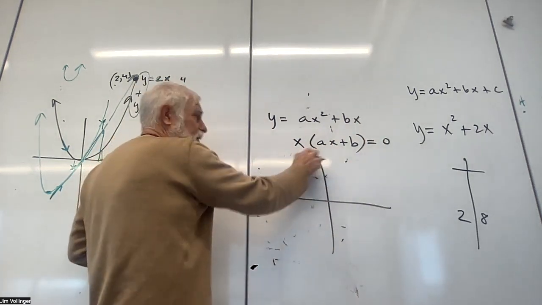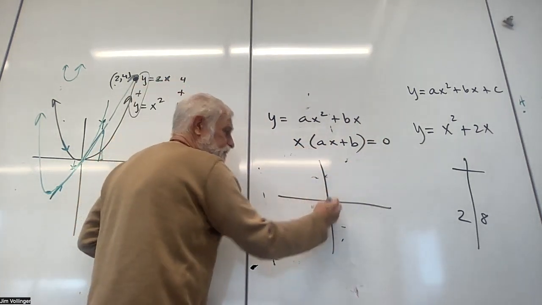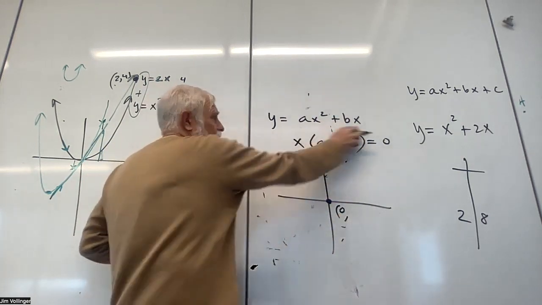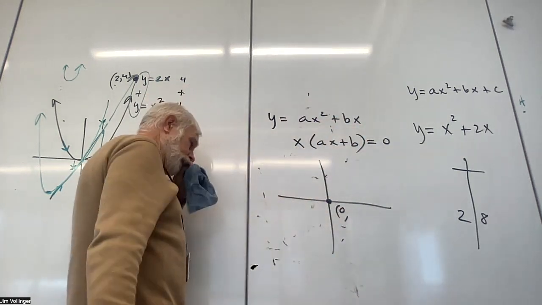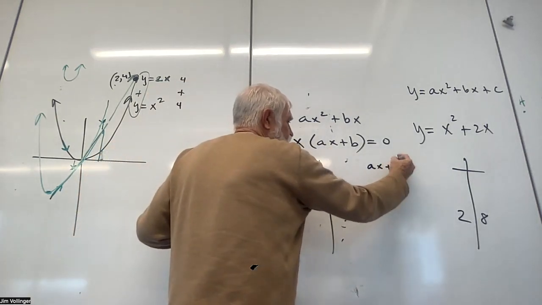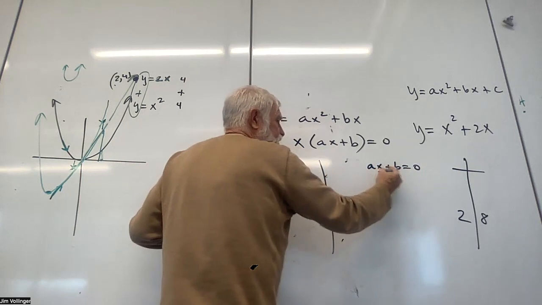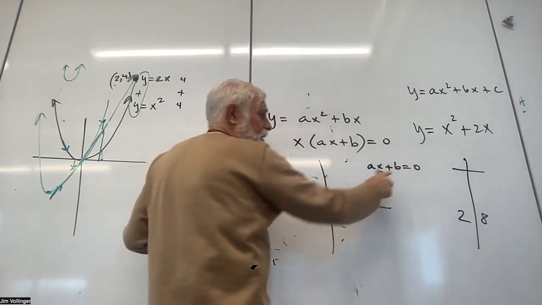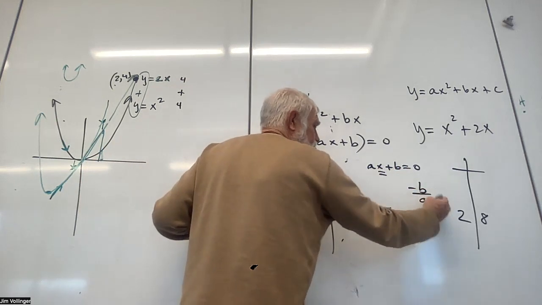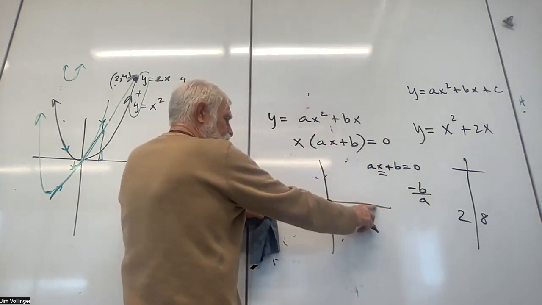Because it's a product. Well, certainly 0 does, right? So 0 is always going to be, in this form, one of the x-intercepts. And now we have to solve that, ax plus b, for x. Well, how do we do that? We move b over to the other side, subtraction, and then we divide by a. So it doesn't matter whether I put it here or here.